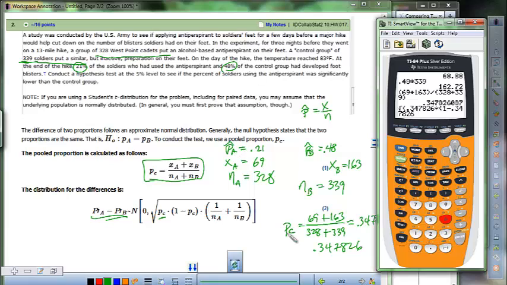So I'll close a parentheses for that, and then now I'll open up another parentheses, and then I have 1 divided by n, a, so that's 328.